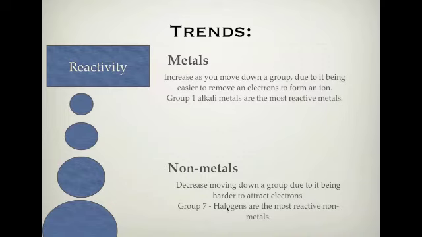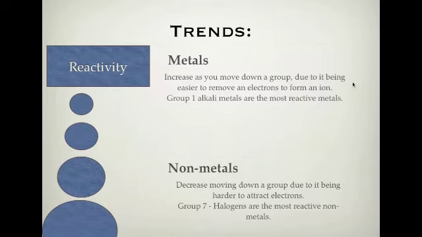Think about your halogens. Halogens are the most reactive nonmetals, because they are furthest to the right of the periodic table, and they have the greatest ability to attract electrons. But as you move down their group, it becomes harder and harder and harder.